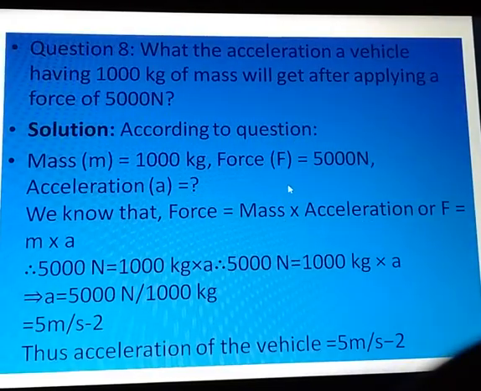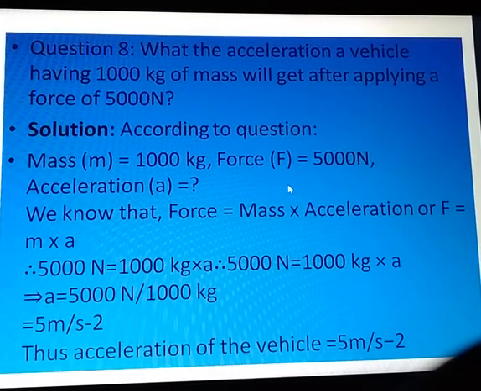Now in question number 8, what is the acceleration of the vehicle? We have to calculate acceleration in this case. A vehicle of mass 1000 kg after applying a force of this. In this question, mass is in its SI unit, 1000 kg, and force is also in its SI unit. That is equal to 5000 Newton.